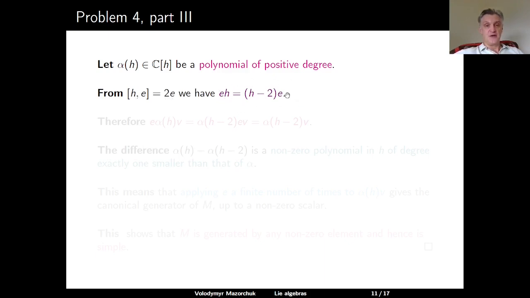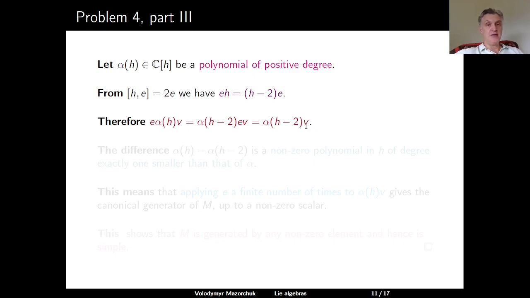We are rewriting the bracket relations: E times H is equal to (H minus 2) times E. So we can move E from left to right past H at the expense of subtracting 2 from each H. Therefore, E times alpha of H V is equal to alpha of (H minus 2) times E V, and this is equal to alpha of (H minus 2) V.